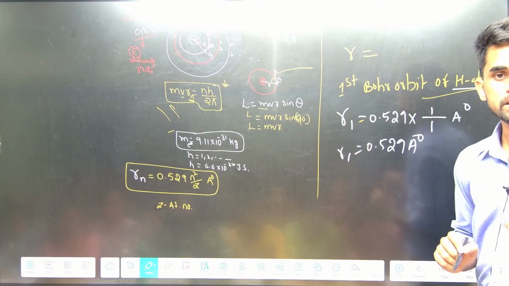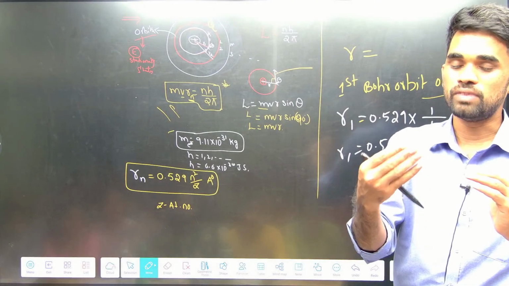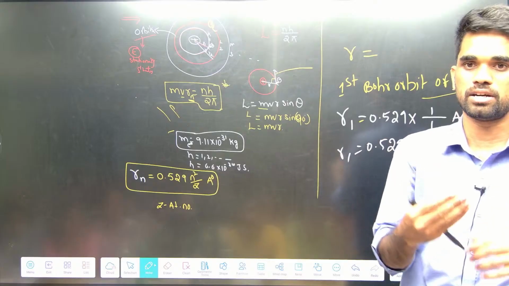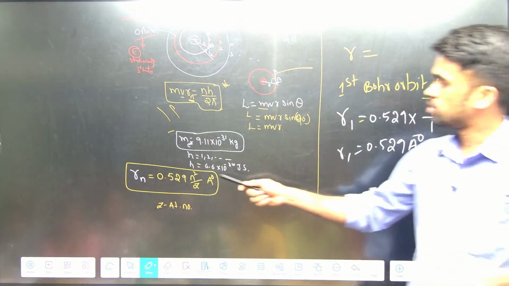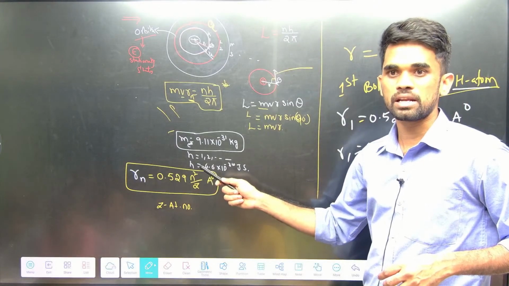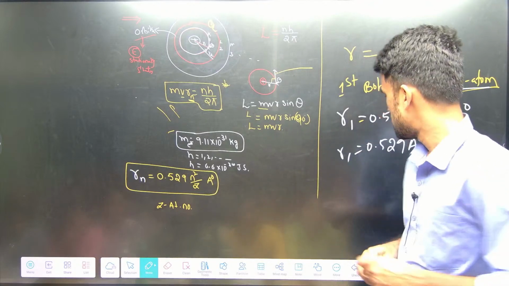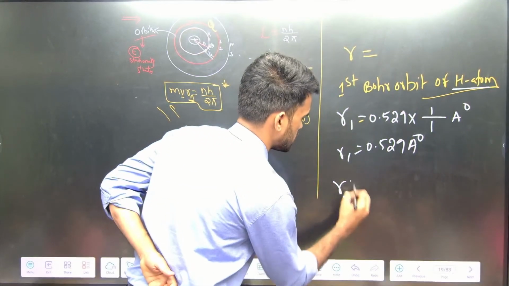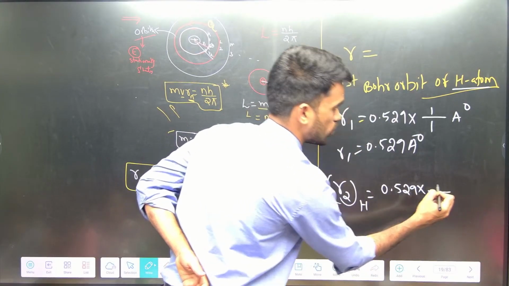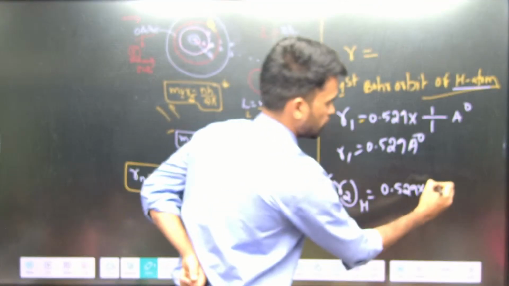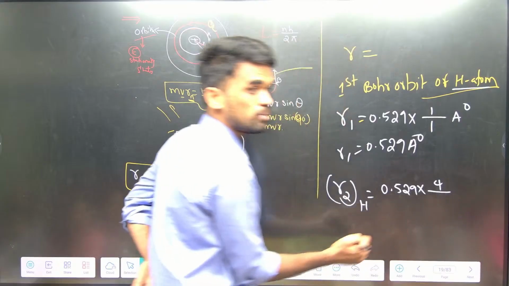This is R1. Similarly, what is the radius of the second Bohr orbit of the hydrogen atom? It is 0.529 into n square by Z, where n is 2, so 2 square, that is 4, divided by Z, which is 1 for hydrogen.